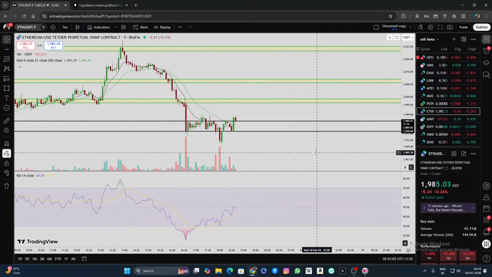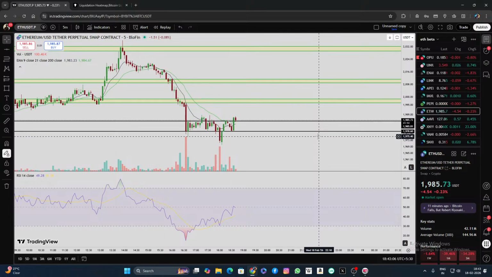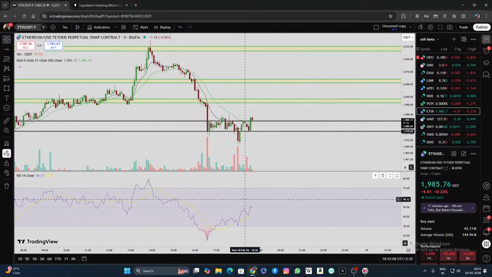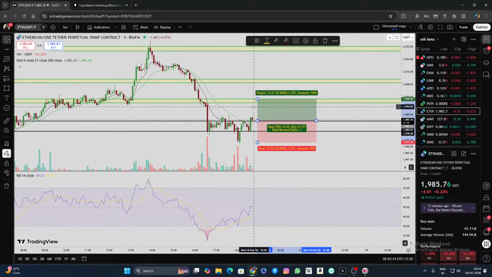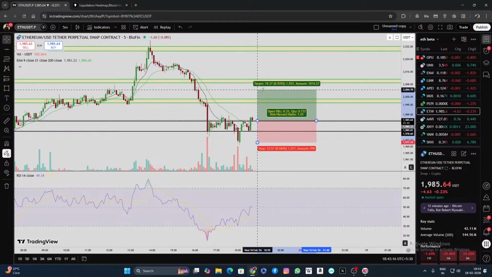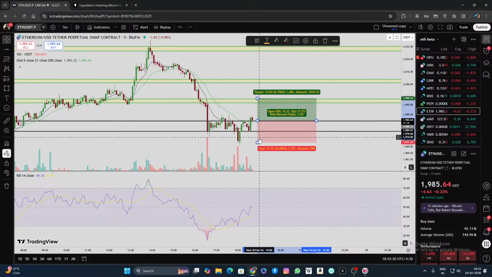So let's see if the 5 minute candle can hold this level or not. If it holds, then we'll go for a quick long scalp. Right now I'm watching. If it closes above, then we'll do a quick scalp. Target will be there.